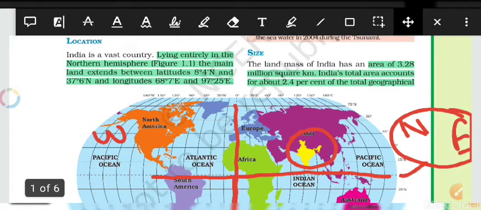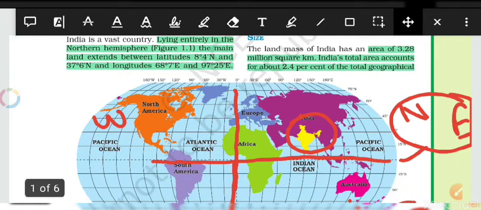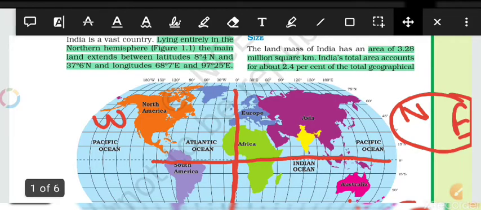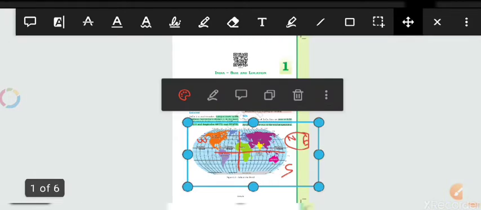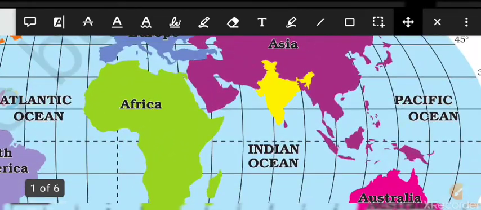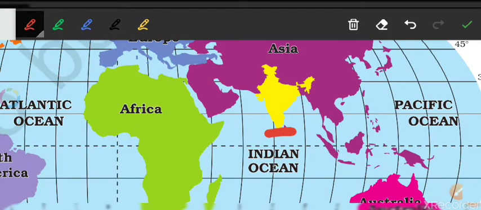As you can see, the numbers given here are the values of the latitudes and longitudes. India is lying from 8 degree 4 minutes north, from this point to this point.